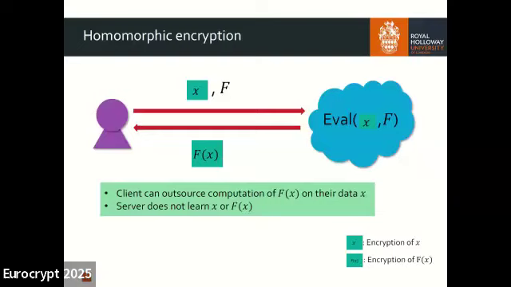So the client encrypts their data x, the server homomorphically evaluates the function f on the encryption of x, and the output is the encryption of f of x, which the client can then decrypt and find the result. And one other thing to recall is that typically the homomorphic evaluation function is actually, if f is not already a polynomial, approximating f as a polynomial.